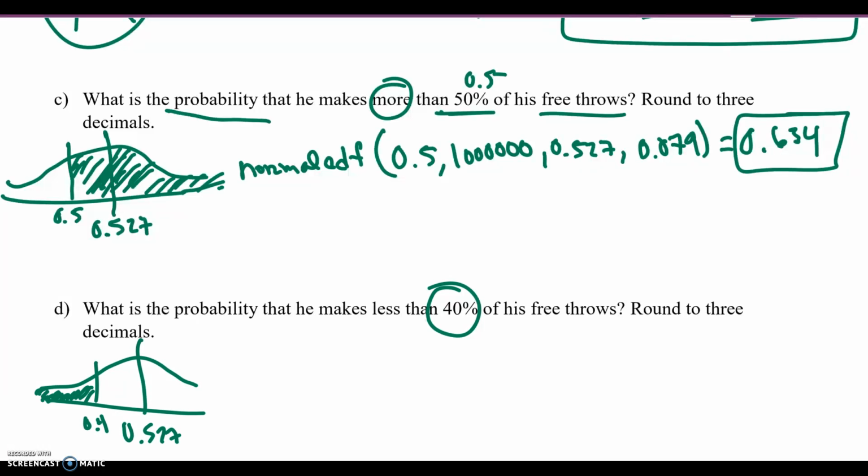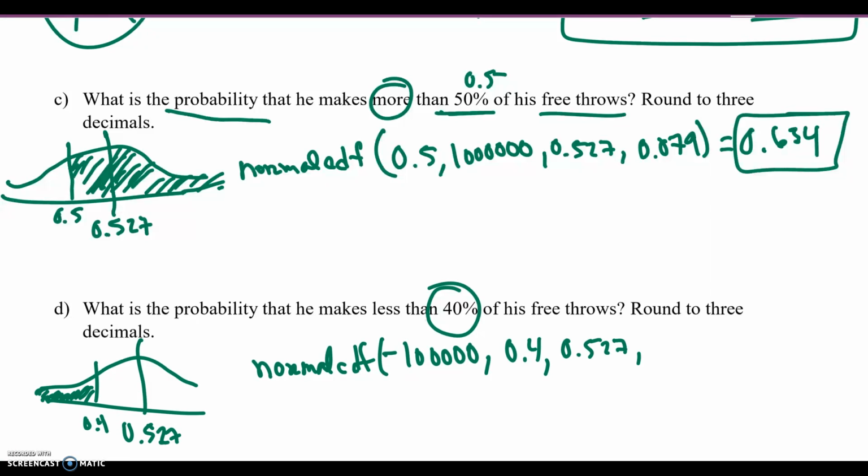Given that he already has a percentage rate of 0.527, what is the chance that out of the 40 free throws that he shoots, he will score less than 40% of them? We're still going to use normal CDF. My lower bound is now negative infinity, because that's where it starts. It's going to go all the way to 0.4. Mean is 0.527, and my standard error is 0.079.